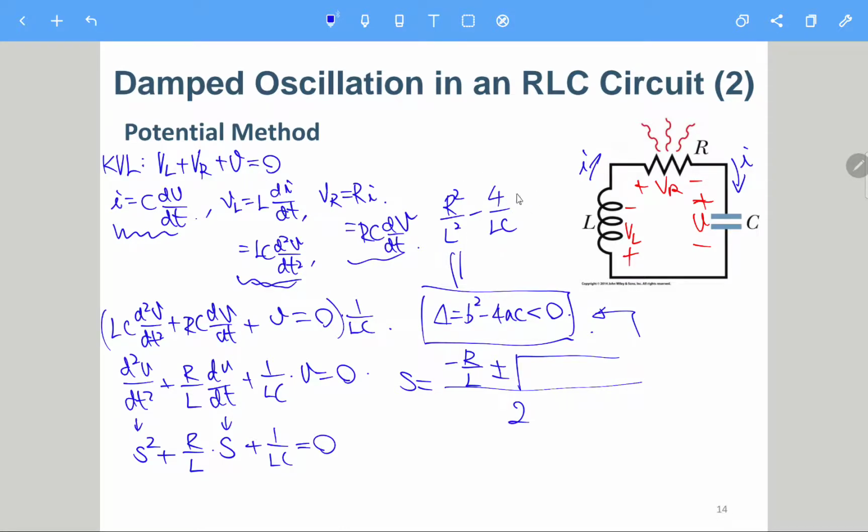If we assume this one to be negative, here we will write it as 4 over LC minus R squared over L squared times I, something like this, because we need to take the square root of this term. If it is negative, then we multiply by another negative sign, and then we have an I here.